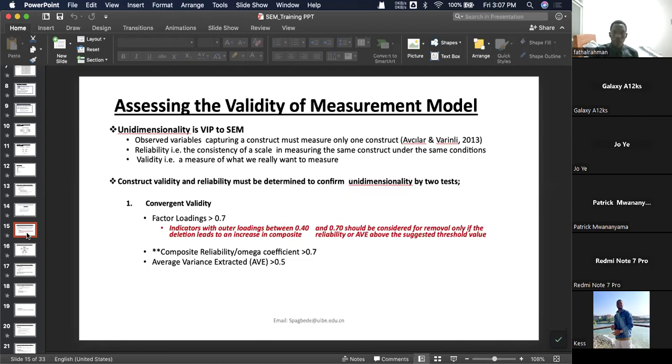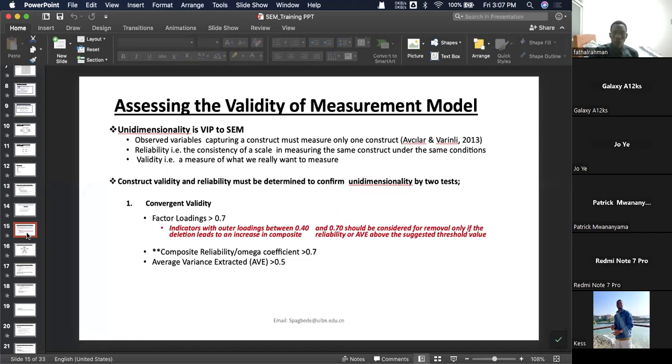So your observed variables capturing a construct must measure that alone, and that is why the issue of instrumentation is very important. For instance, if I'm capturing something like loyalty, every indicator under it must be psychometrically sound to capture that accurately.